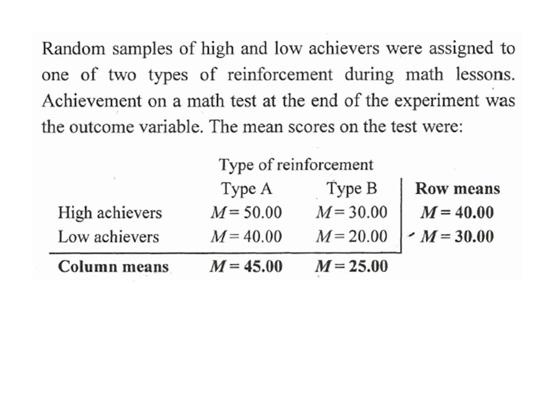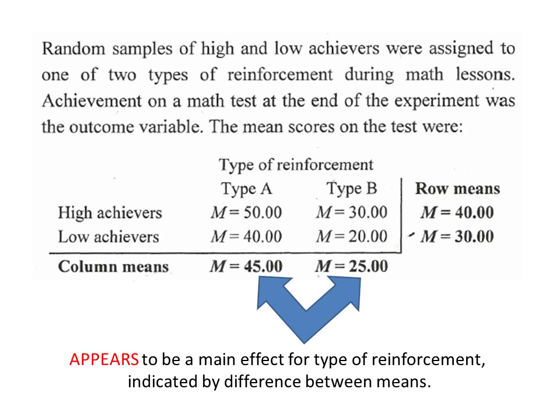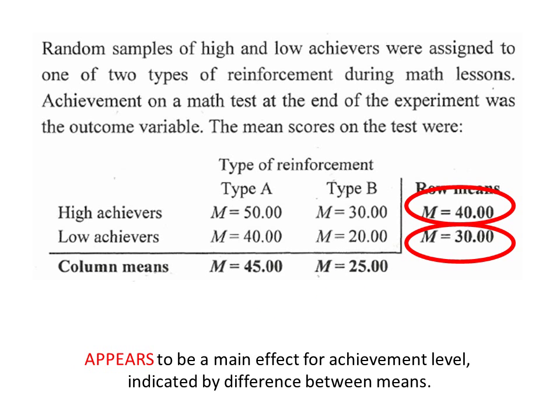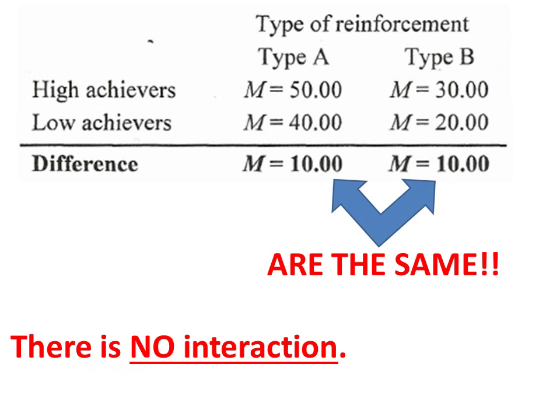So ignoring the type of reinforcement, high achievers score higher on the test than the low achievers. There is no interaction, as indicated by the differences shown below.